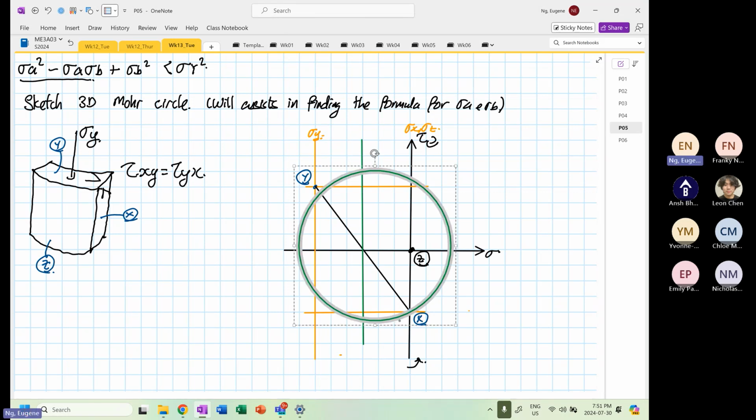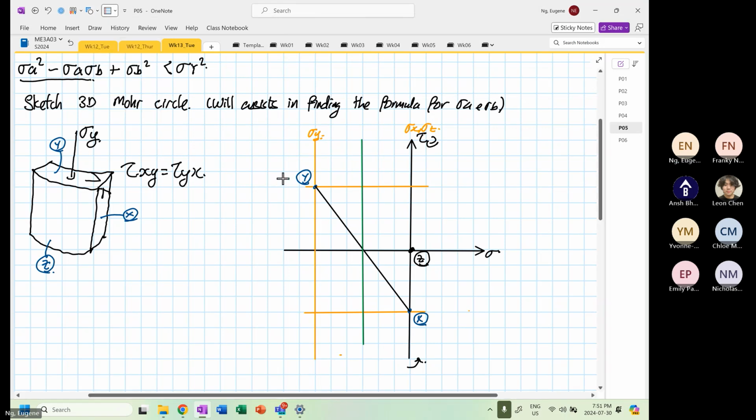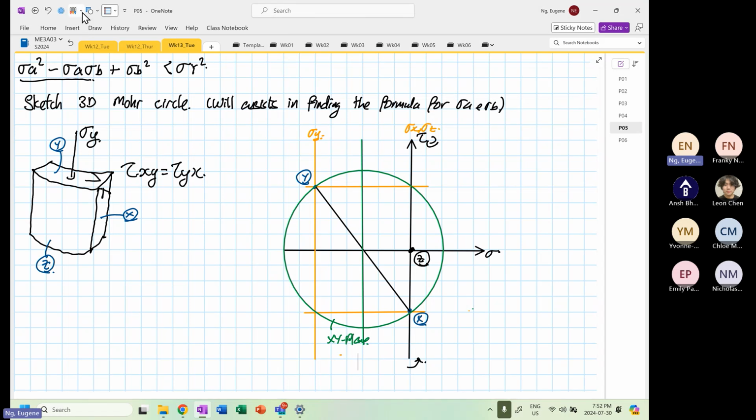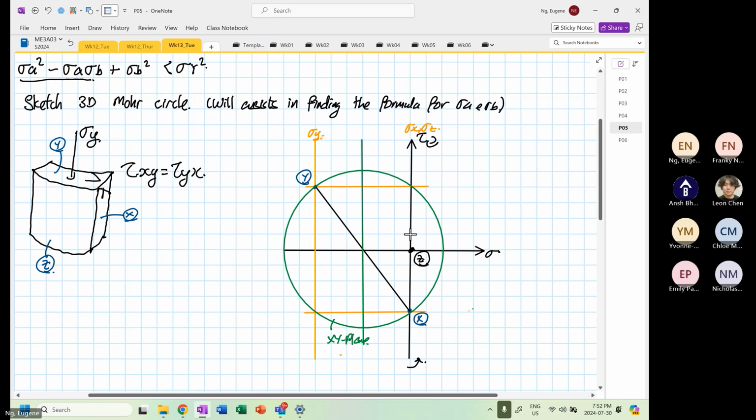Okay, how come I'm off again? Ah, that's why. So this is for our XY plane. Then the next circle, this next circle is for our XZ plane.